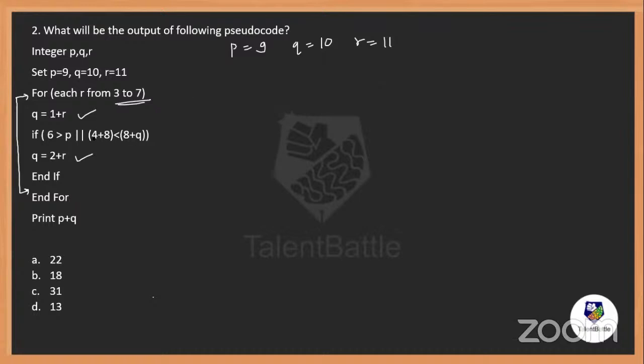And inside the loop, if you observe, the value of Q is getting changed. And if the condition is true, again the value of Q is getting modified. And make sure every time you are considering the modified, latest value. So let us solve this for the provided for loop. And at the end of the for loop, you can see we have to just print the value of P plus Q.